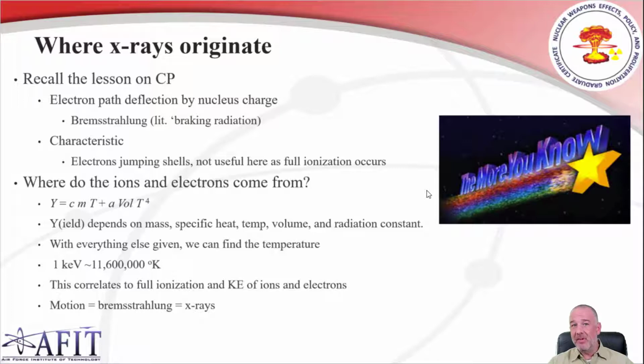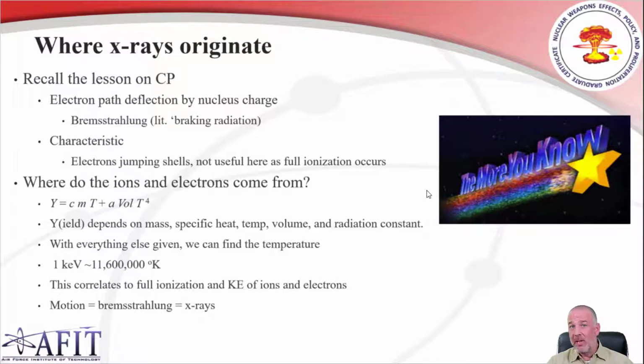If you knew the volume, you knew the mass, the A and C are both constants, and you knew the yield, then you could calculate the temperature. And if we do this, for most weapons that have any kind of a yield, we find out that the temperatures in the core of the weapon get into the millions and tens of millions of degrees.